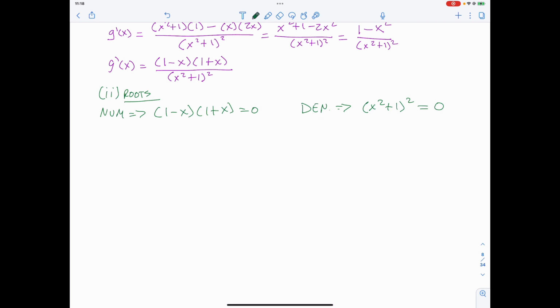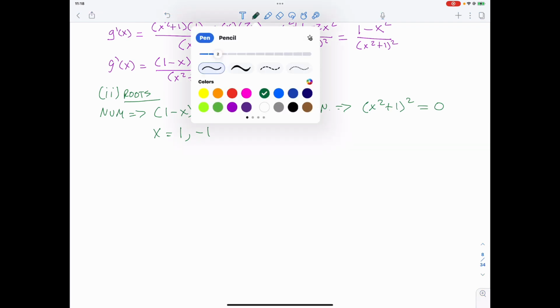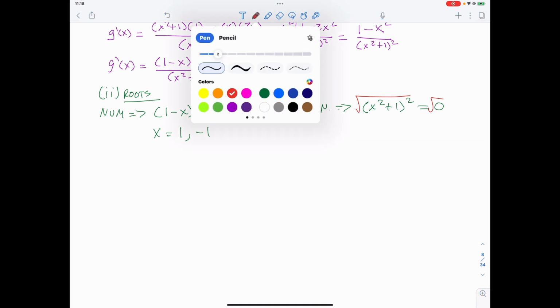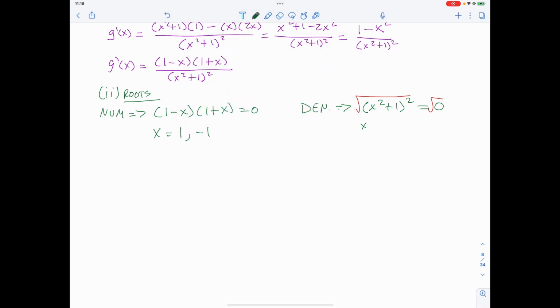In our numerator, we get x is equal to 1 or negative 1. In our denominator, we can square root both sides. And the square root of 0 is still just 0. So x squared plus 1 is equal to 0.